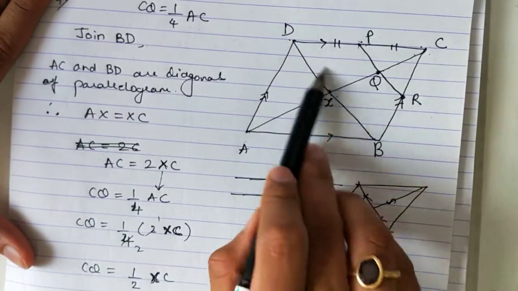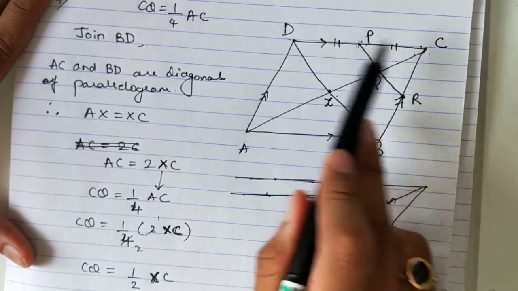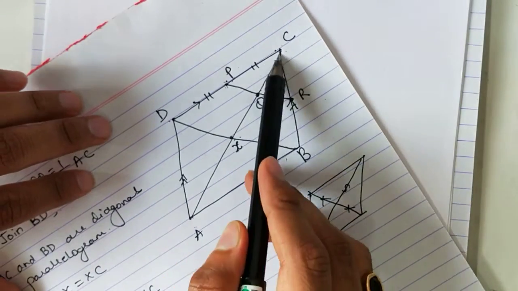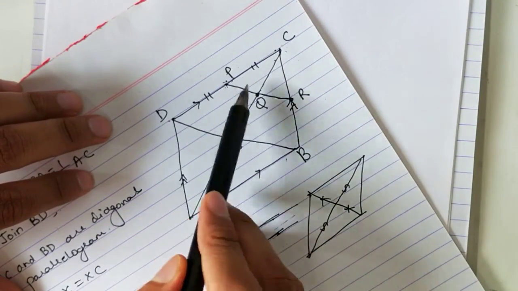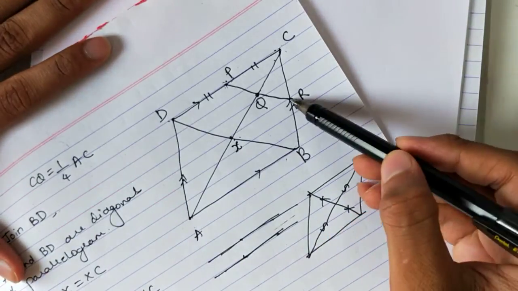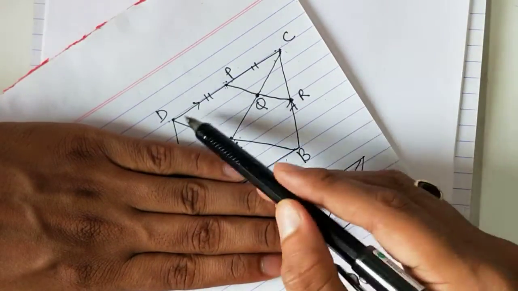Now see how our work will be done. Now we know that PR is parallel to DB, correct? And P is the midpoint of CD. So in this triangle, P is the midpoint of DC and PR is parallel to BD. That means I can say that R is also the midpoint of BC. Ignore this part. This is a triangle.